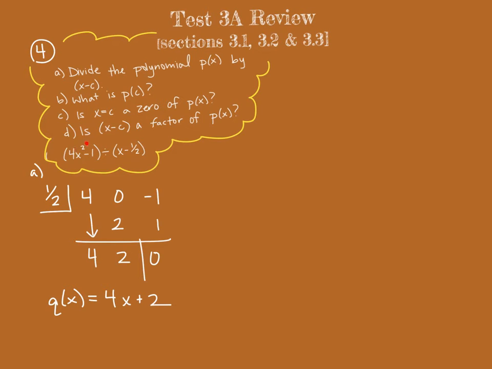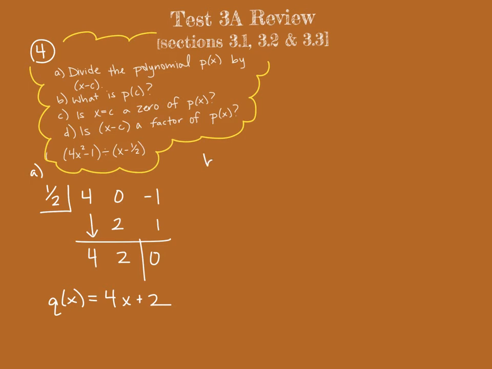Now we have a remainder of 0. In division in general, if you divide and you get a remainder of 0, that means those numbers fit together real well.